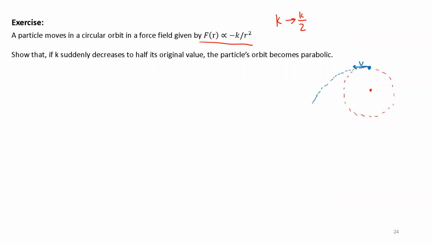What is the requirement for a parabola? A parabola means that the kinetic energy plus potential energy has to be 0. So the total energy E has to be 0. That's what we are trying to show: capital E is 0.